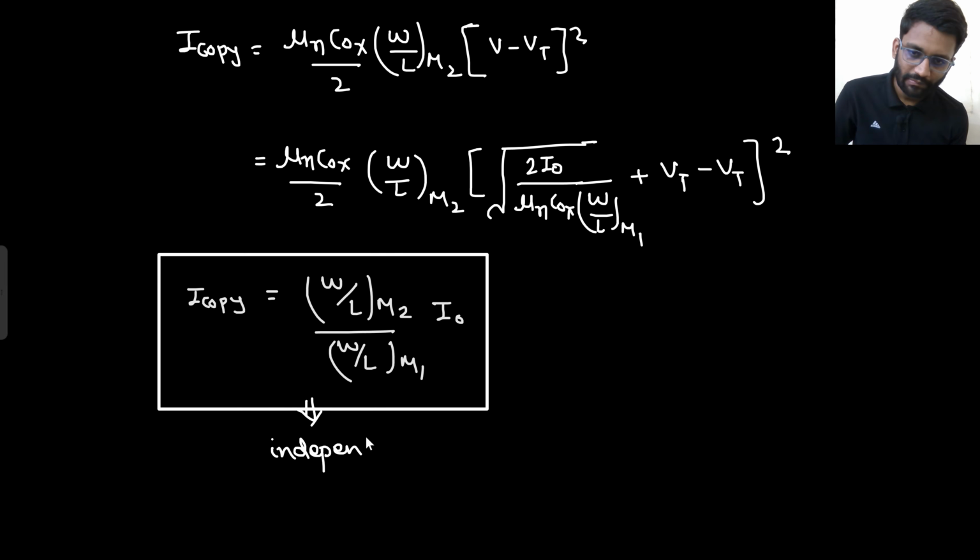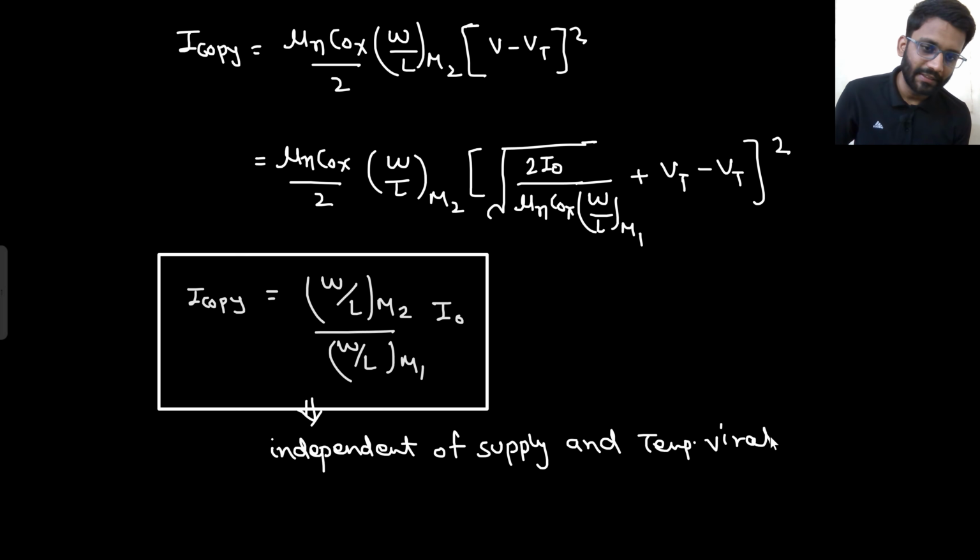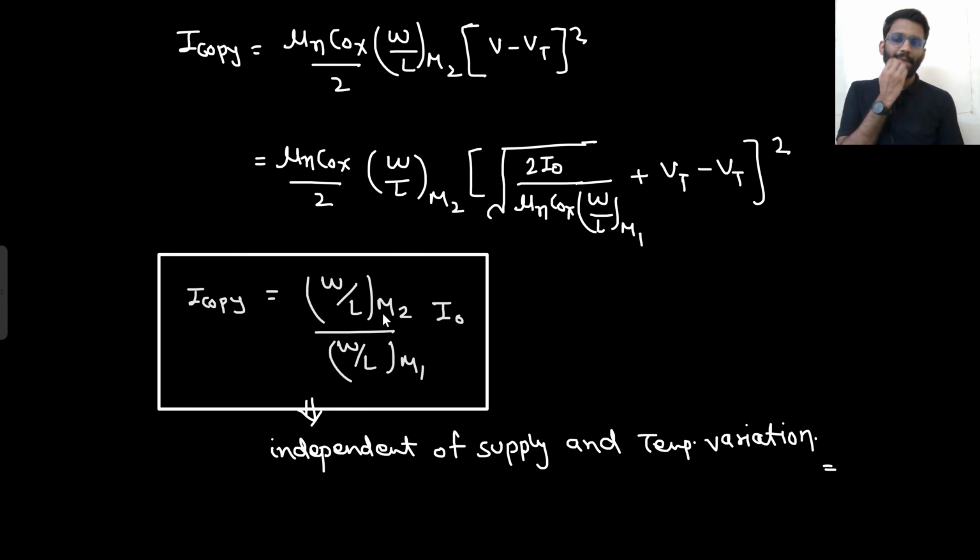So no matter if supply or temperature changes, the current will be constant, and that will be proportional to I naught.